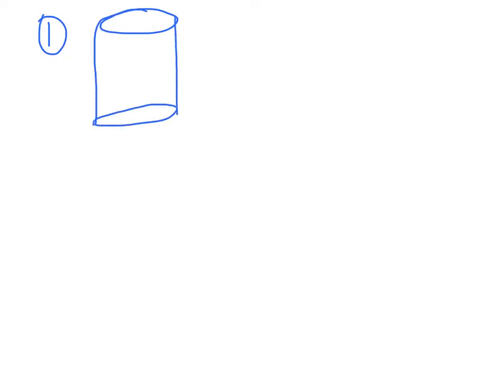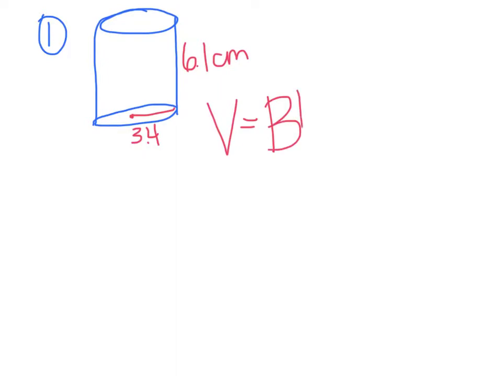Sorry about my drawing. So if our height is 6.1 centimeters and our radius is 3.4, we are going to do volume equals area of the base times the height. Our area of the base is pi times 3.4 squared times 6.1.